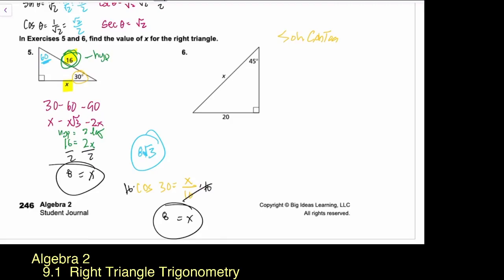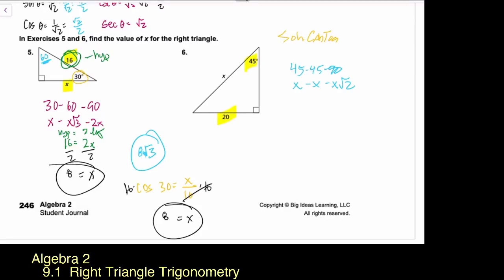Because let's see how fast we can use 30, 60, 90 in problem number 6. Or actually, sorry, we've got 45, 45, 90 right here on number 6. Remember, opposite of 45 is leg, leg, and opposite of the hypotenuse is leg times rad 2. If I take a look at the information, they give me the side opposite of 45, and that's 20.